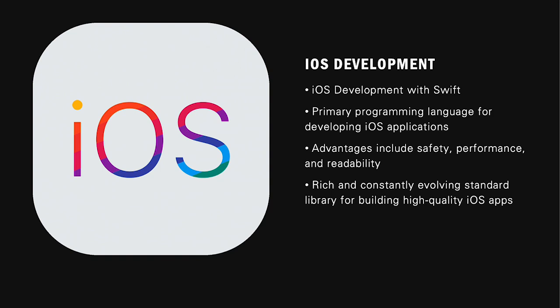Readability. Swift's syntax is designed to be easier to read and write than Objective-C, making it more accessible to new developers. Swift also has a rich and constantly evolving standard library, providing developers with the tools they need to build high-quality iOS apps.